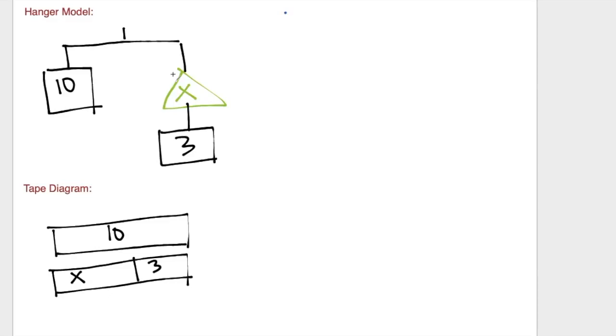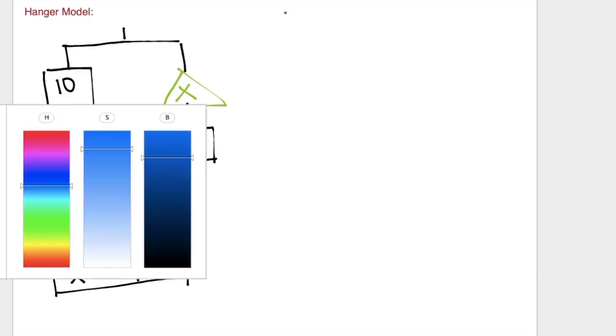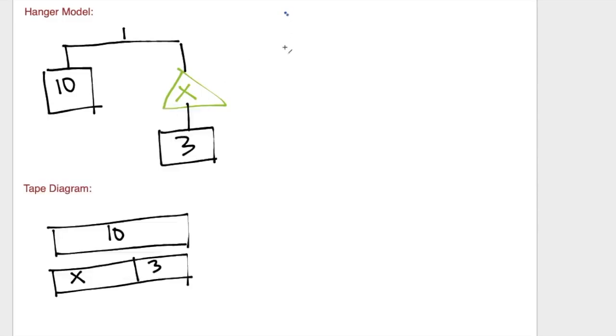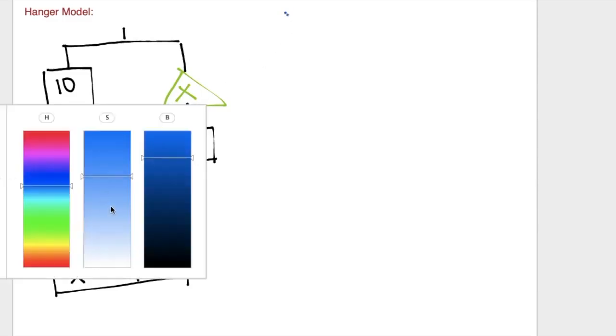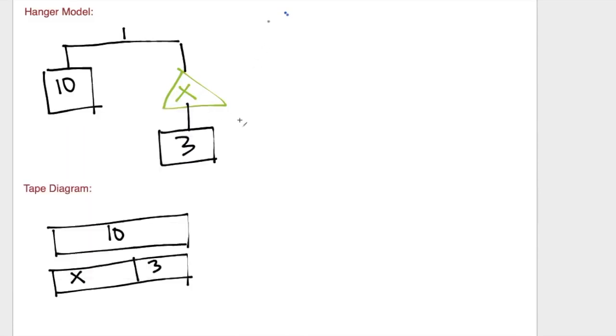So here with the hanger model, with the hanger model, it's a little different in terms of how you can take away from both sides. So you would have to choose the side that has less in terms of the number.